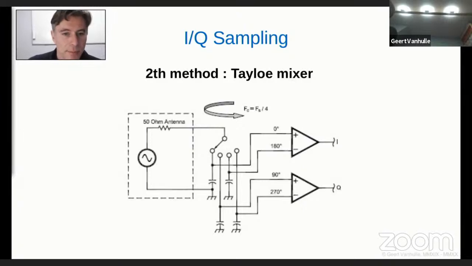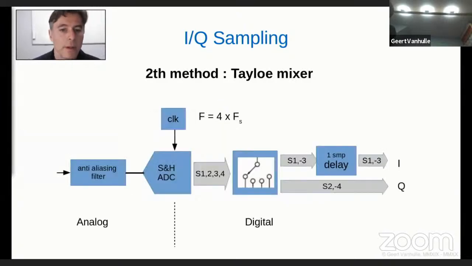Instead of this, what we will do is use an AD converter and a sample and hold, and we will run the AD converter at 4 times the sampling rate that we would normally do. So what we have then is 4 times as many samples coming into our digital stage, and then we will make a digital switch that is splitting our incoming samples into 2 different streams.